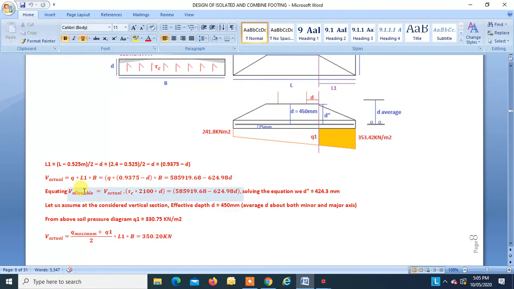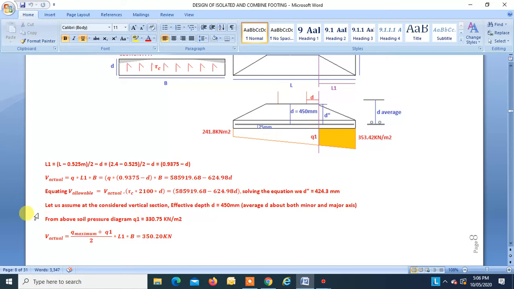Now equating allowable V to actual V, that is tau c into B into D equal to this, and solving this, we get D dash equal to 424.3. This is what we are assuming. Now we will go on the conservative side and assume our D as 450 mm.